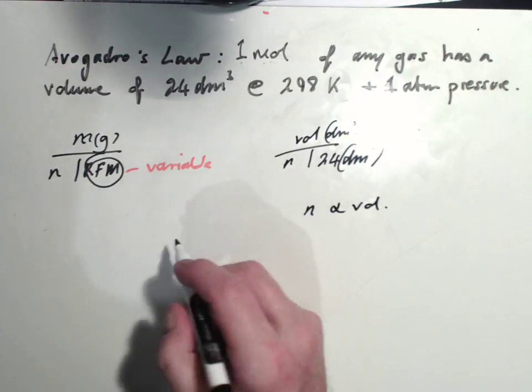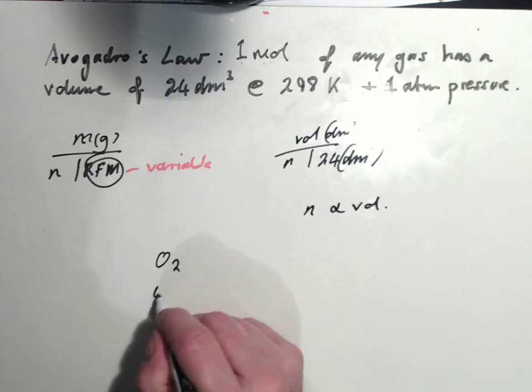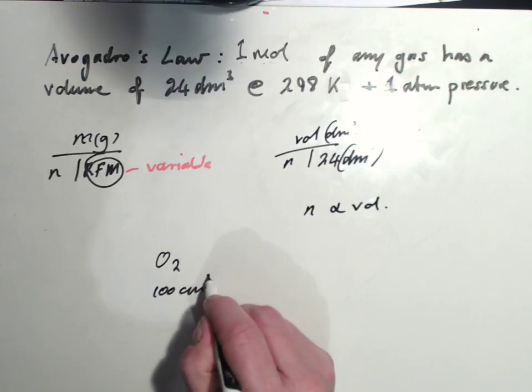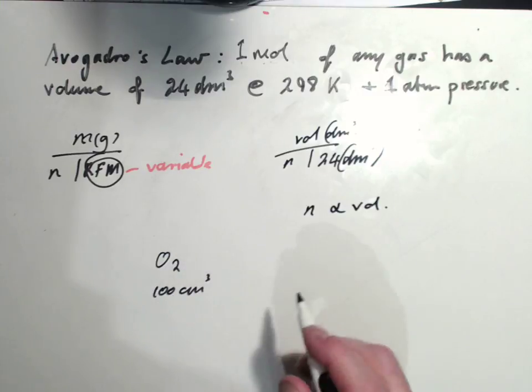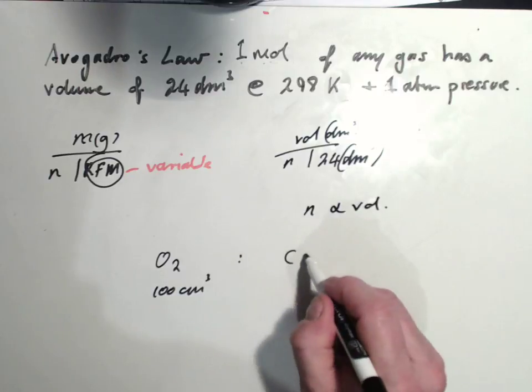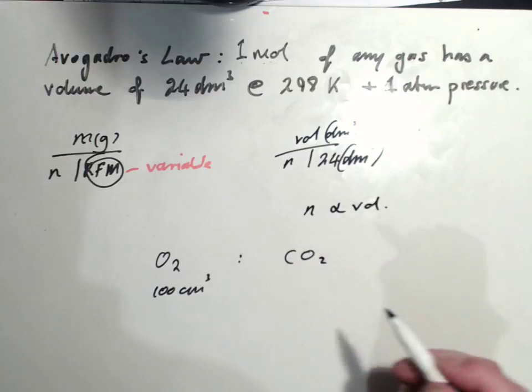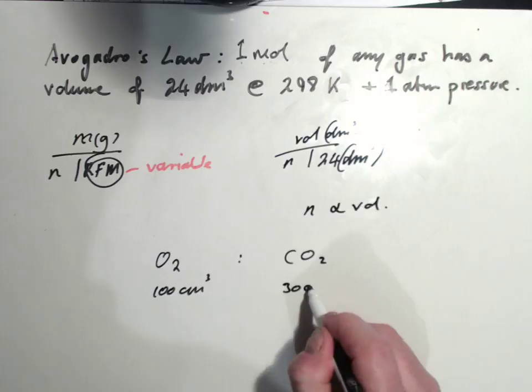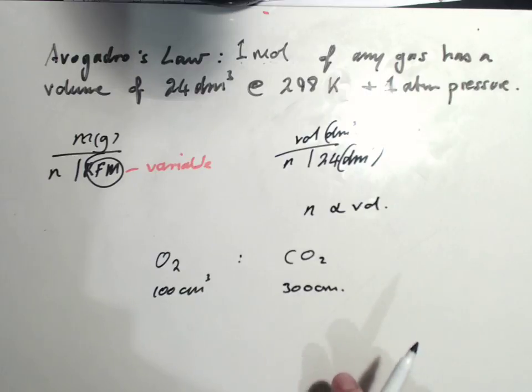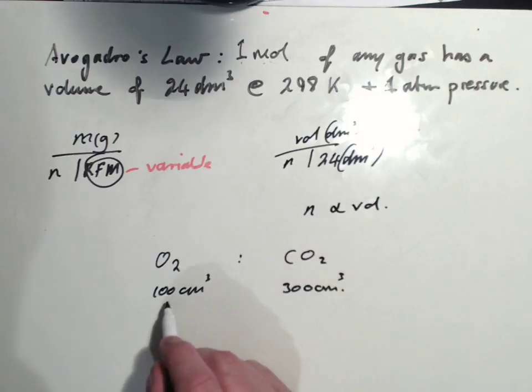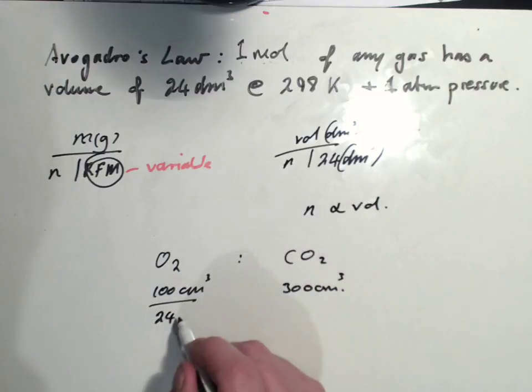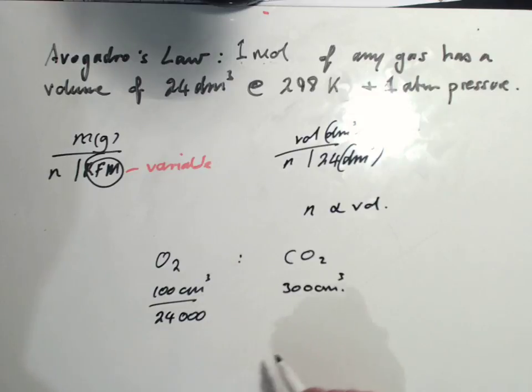So for example, let's say I had O2 and I knew that I had 100 cubic centimeters of that, and I knew that I had 300 cubic centimeters of carbon dioxide. To work out moles of the oxygen, I would take 100 and divide it by 24, changing dm cubed to cm cubed, so 24,000.